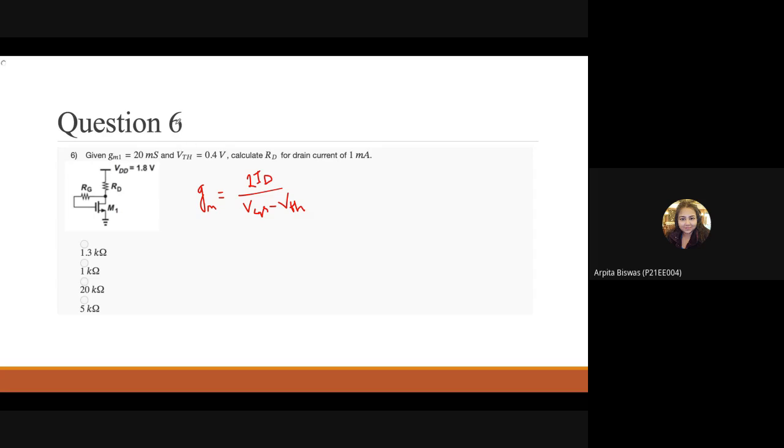VTH is given as 0.4 and GM is given as 20 mS. ID is 1 milliamp.